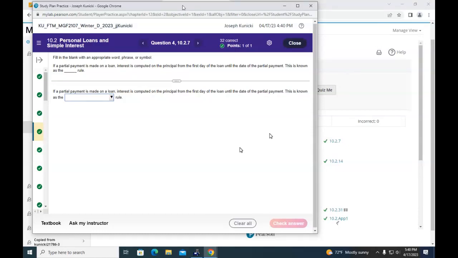So, like if you have a loan for 2 months and you want to pay half of the principal off after a month, you have to pay for the use of the money for the month before you subtract the principal. I mean, algebraically, it doesn't make any difference. Everybody knows that. In other words, you don't get free use of the money just because you're paying off half of it. And then the other one is the banker's rule.